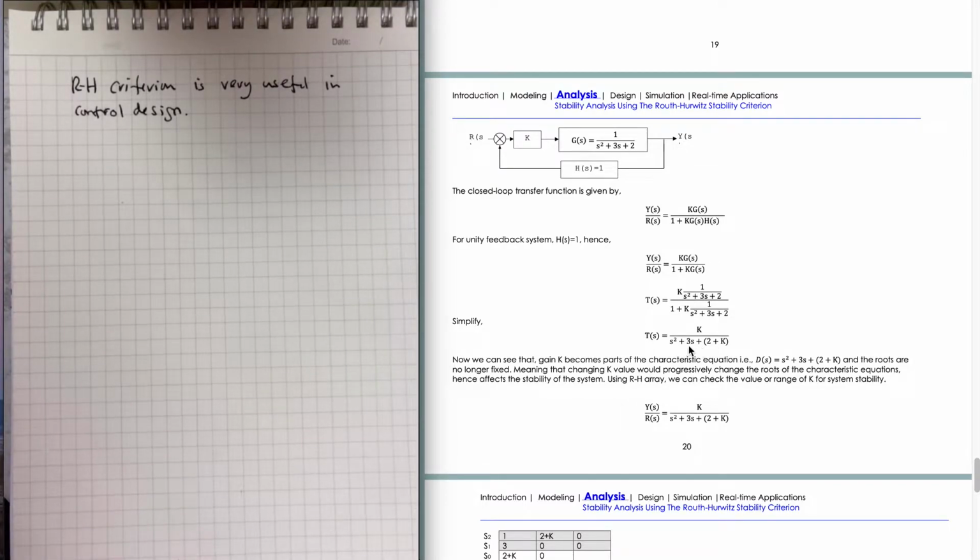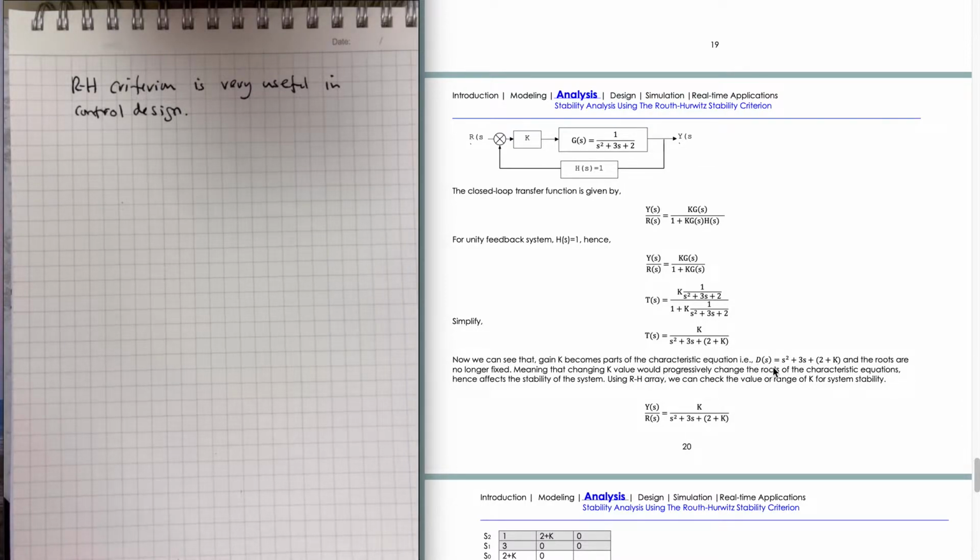In this case, you see that the denominator of the system has K in it, meaning that changing K values here not only changes the numerator of the system, but also changes the denominator, or what we call the characteristic equation of the system. Hence, the stability of the system would change according to K values, right?